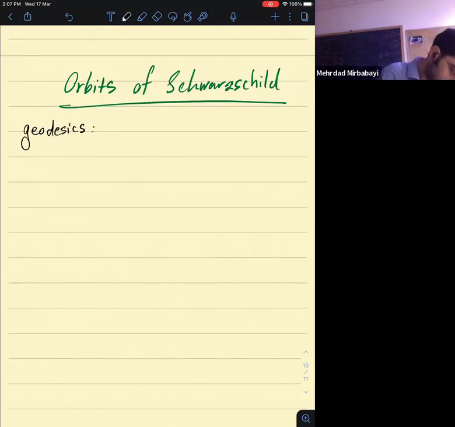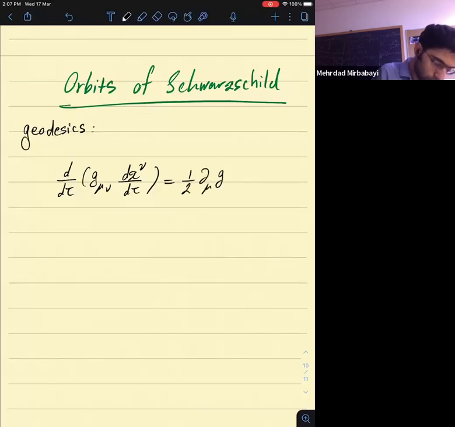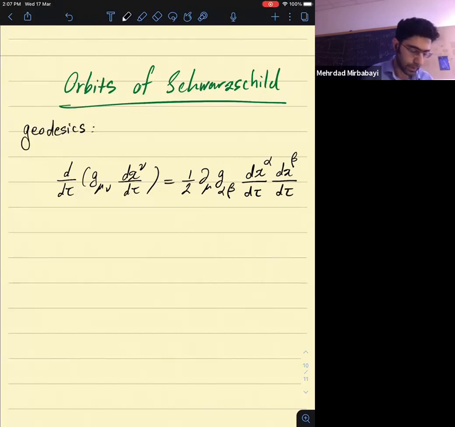Okay, so the geodesic equation is d by d tau of g mu nu dx nu d tau equals 1/2 partial mu g alpha beta dx alpha d tau dx beta d tau.